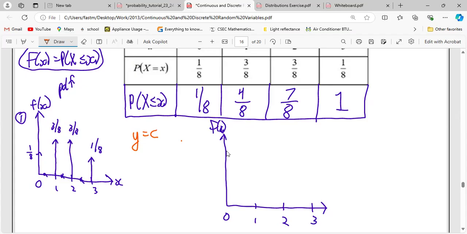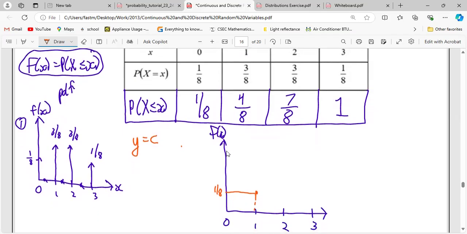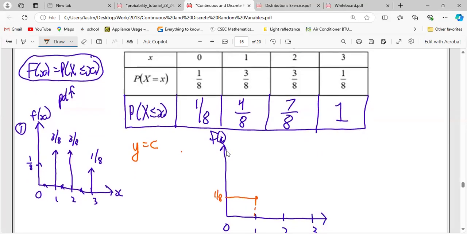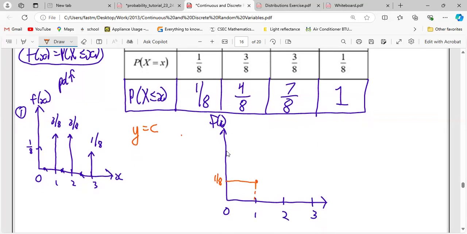So it's going to be 1/8 between 0 and 1. You know it's not going to be a curve or anything. That's 1/8, flat. And then between 1 and 2 is the other one.